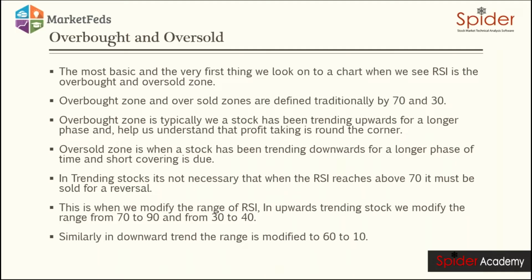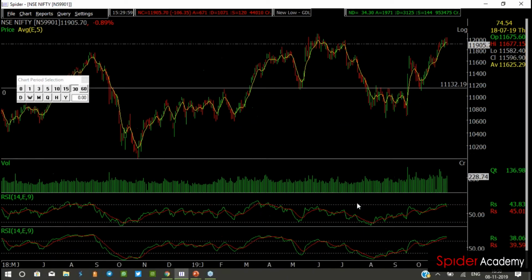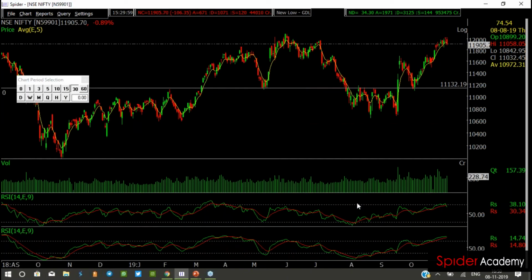In trending stocks, it is not necessary that when RSI reaches 70, it must be sold for a reversal. Likewise, what we saw over here, currently I'm taking only Nifty for explanation purposes, but we will be getting into stock specific explanations as well.